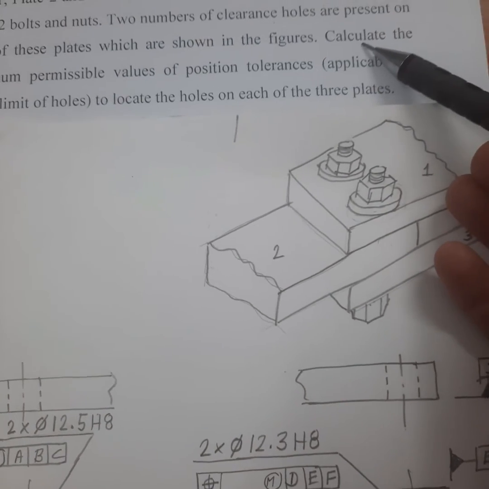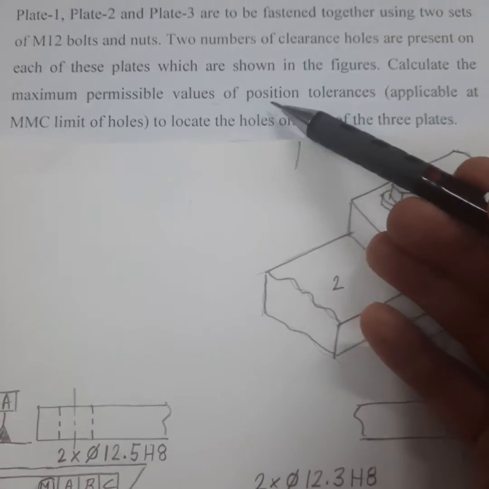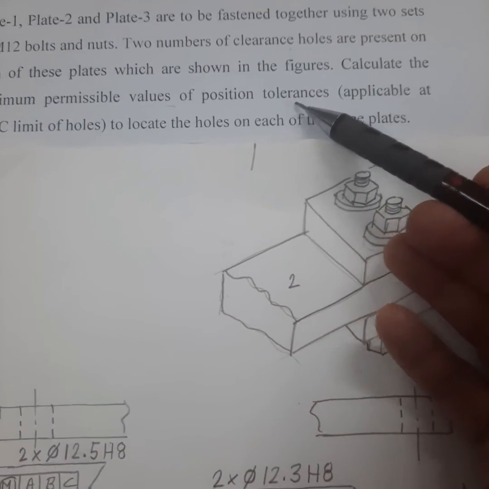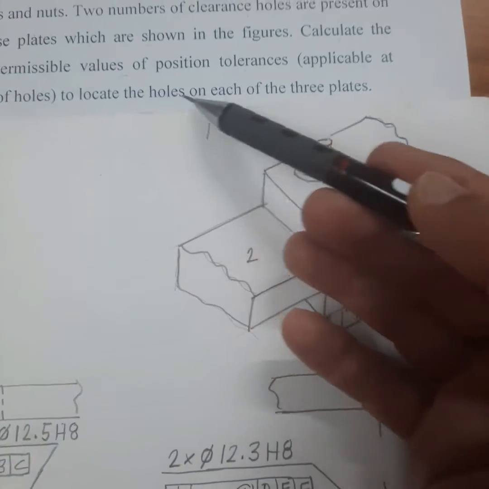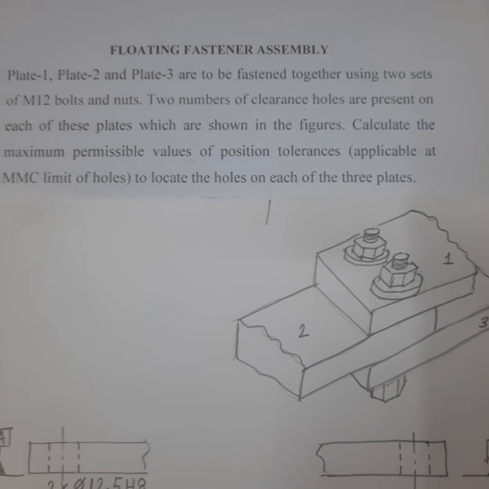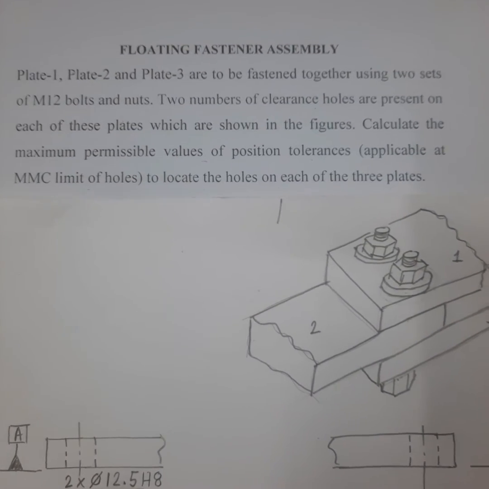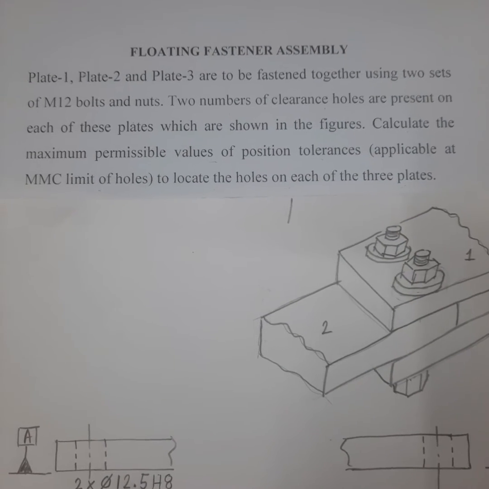We have to find the maximum permissible value of position tolerance applicable at MMC limit to locate the holes on each of the three plates. So this is the problem. We have to find the tolerances.